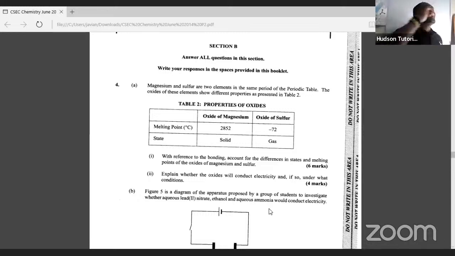It's not transfer of electrons that is taking place, but the sharing of electrons, right? Because of the sharing, you can separate the molecules easily from each other. As a result, you don't require a great amount of energy, guys, as opposed to magnesium oxide, which is ionic in nature.